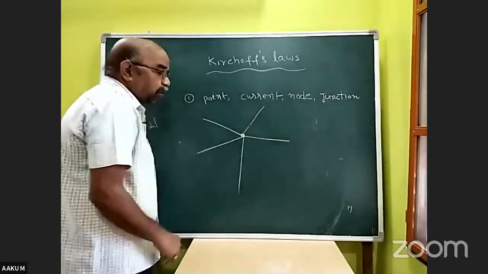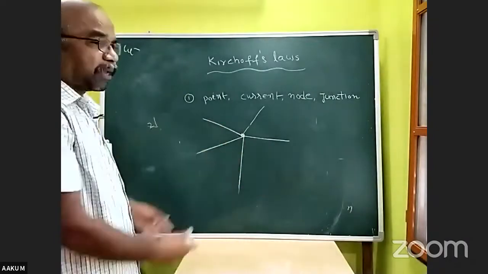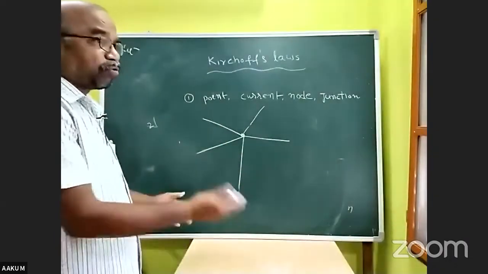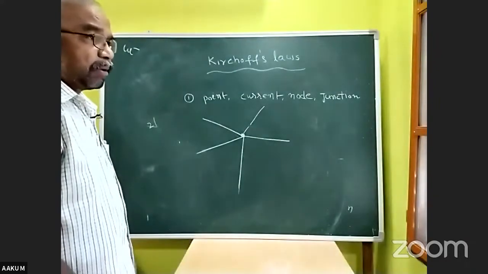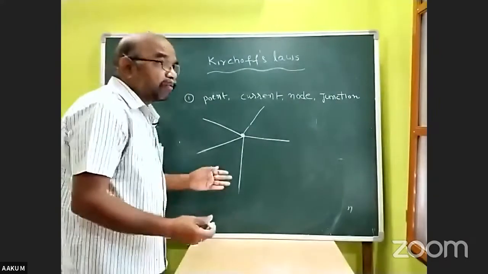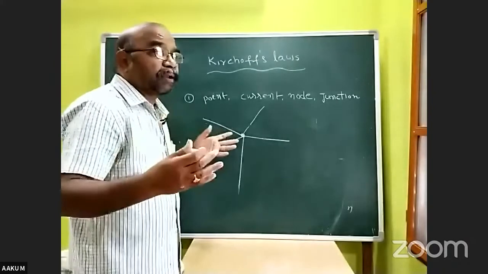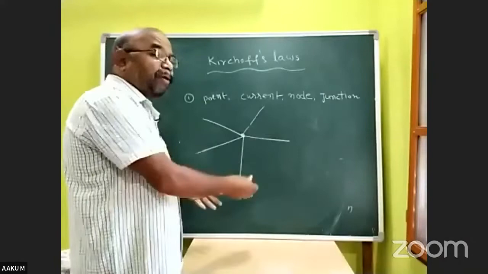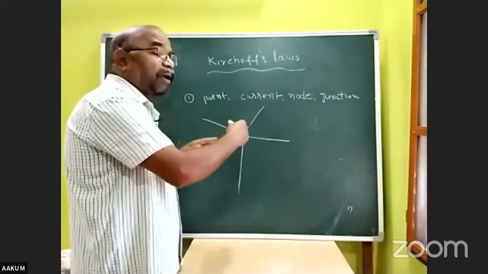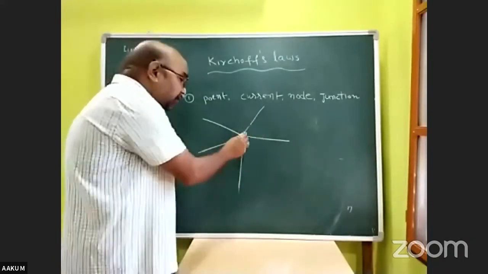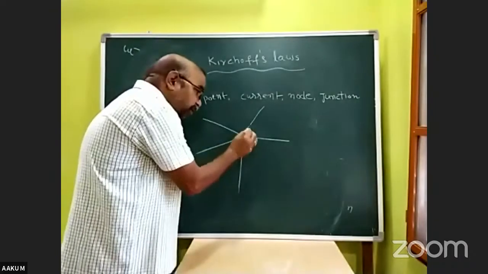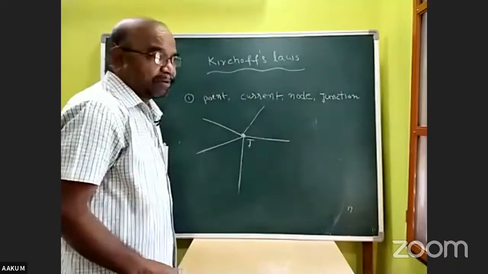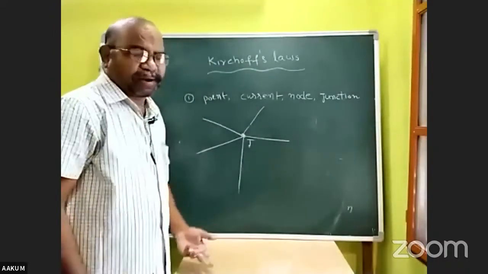Here, 5 paths are approaching this junction or passing through this junction, right? Means from 5 paths, electrical currents are either coming towards this point or going away from this point. So this is the junction. Let us keep J for junction, or you can put O or any other name.